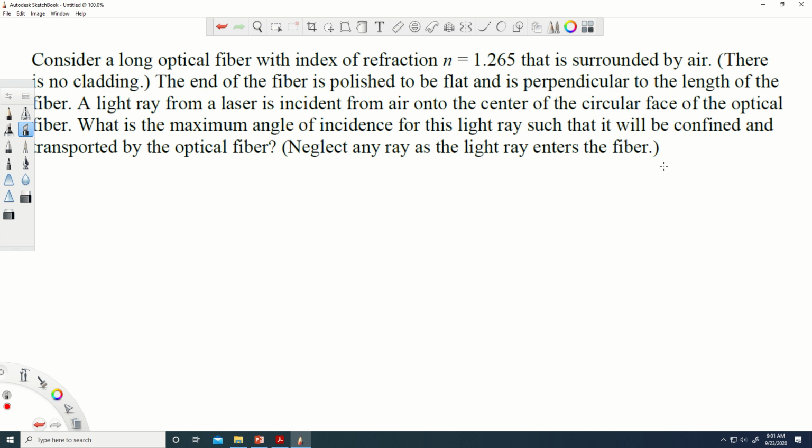I'm going to do the problem for a different refractive index and then you guys can work on this one. Okay. So let's say the refractive index is 1.35. Okay, I'm going to use 1.35.